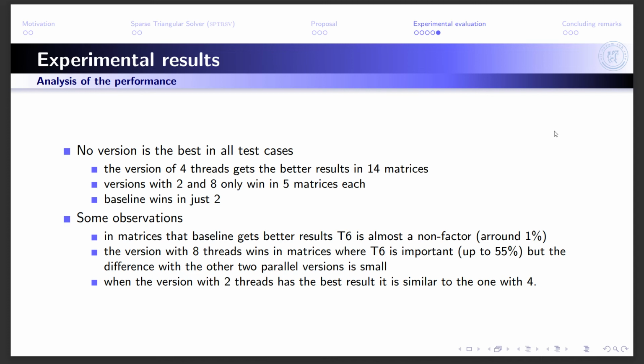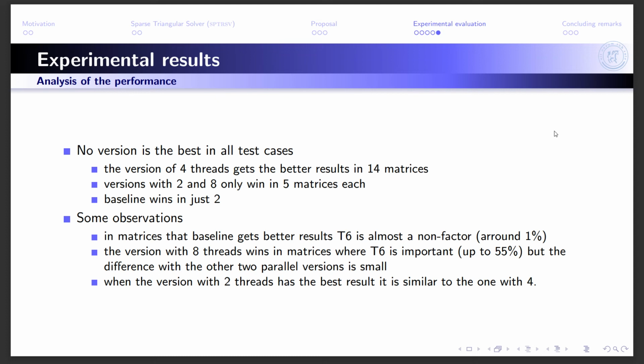In the matrices where the baseline is better, T6 has almost no impact because it's around 1%. The version with 8 threads is the opposite.